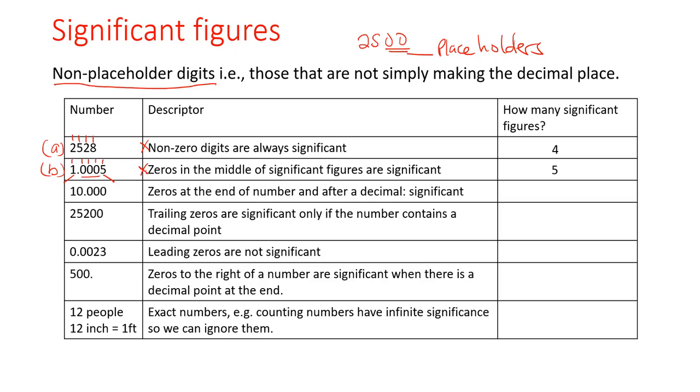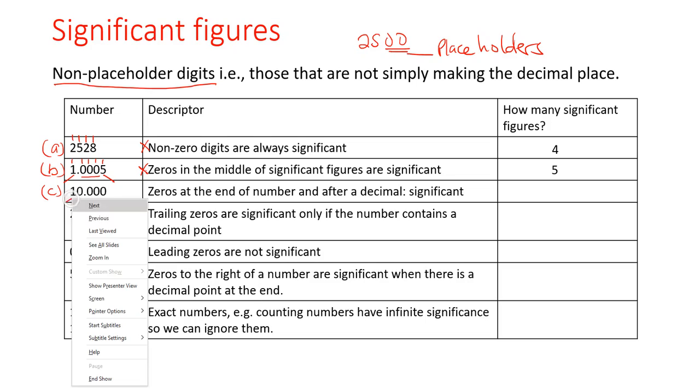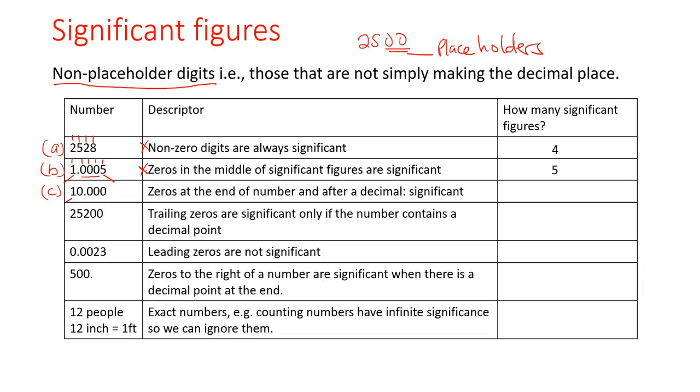Let's look at C. Zeros at the end of a number and after a decimal point are significant. So here we have a number 1, and we have a decimal point here.